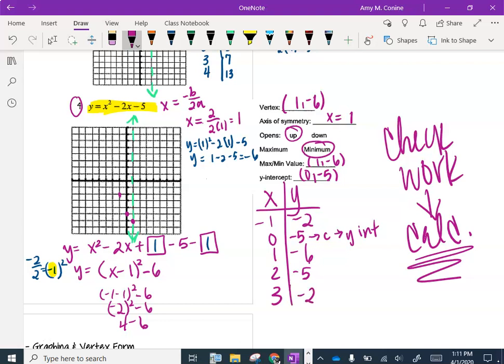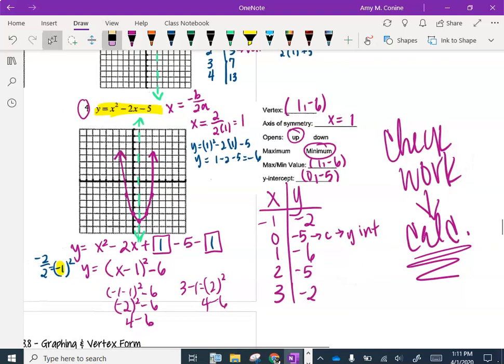So 3 minus 1 is 2, 2 squared is 4, and then 4 minus 6 gives me a negative 2. So it does match up. I did my algebra right. And then I can just graph those coordinates.